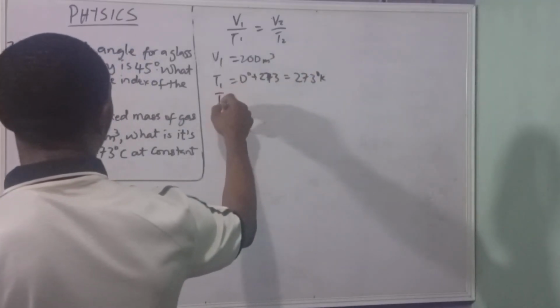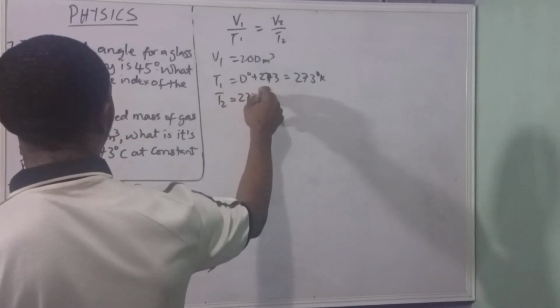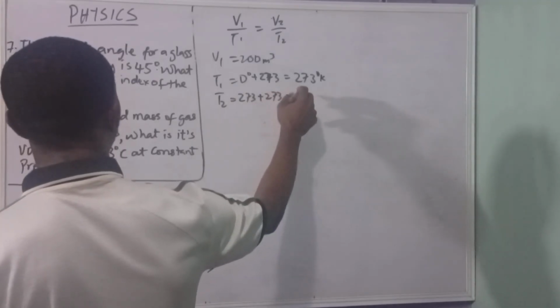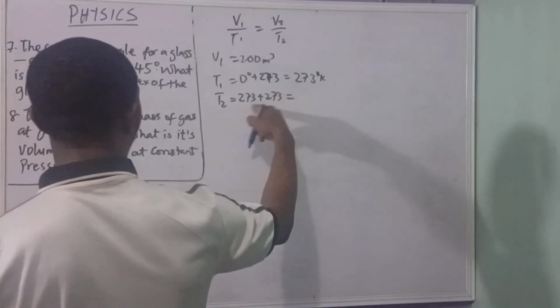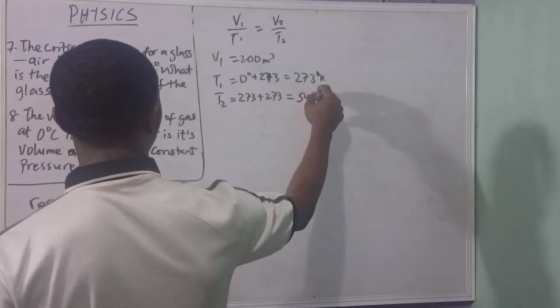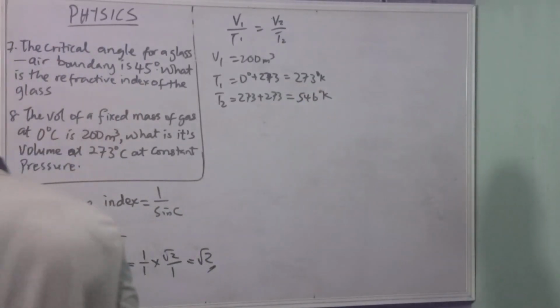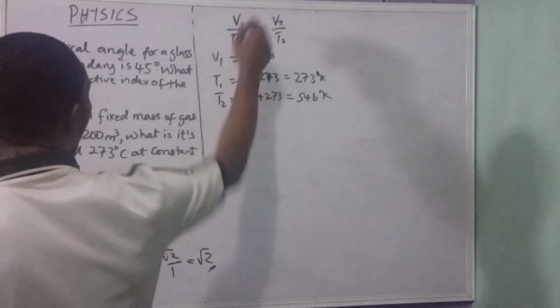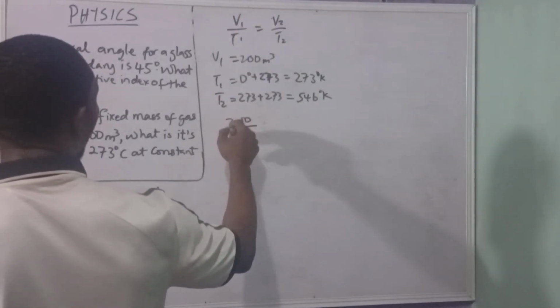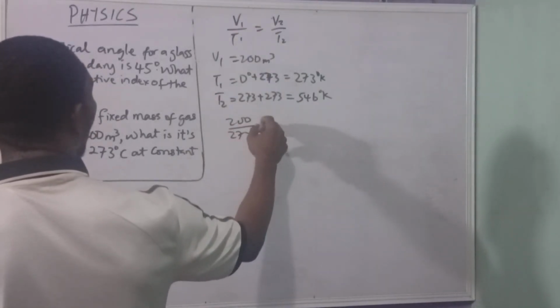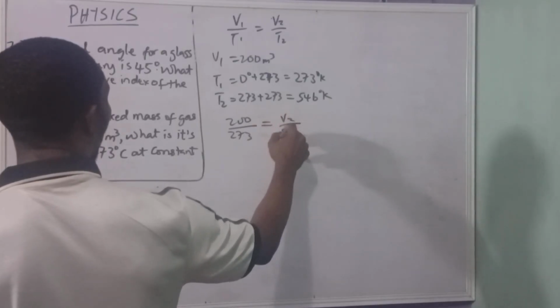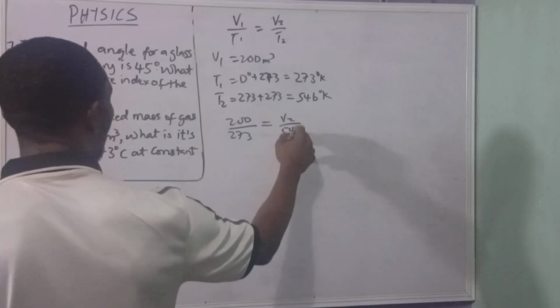Then T2 would be 273 plus 273, which gives us 546. So 200 over 273 equals V2 over 546.